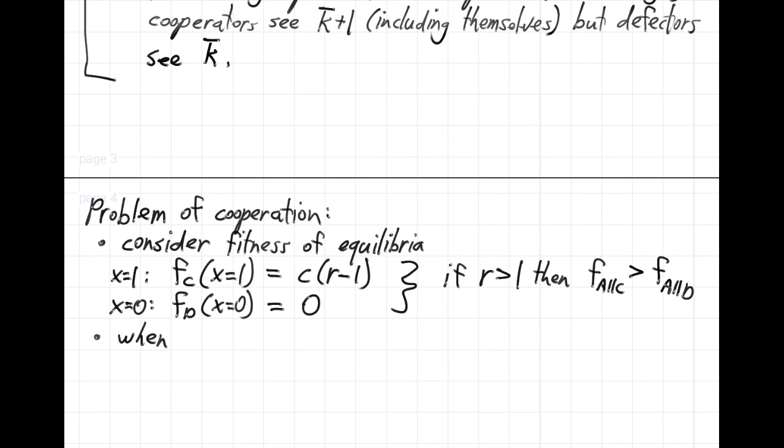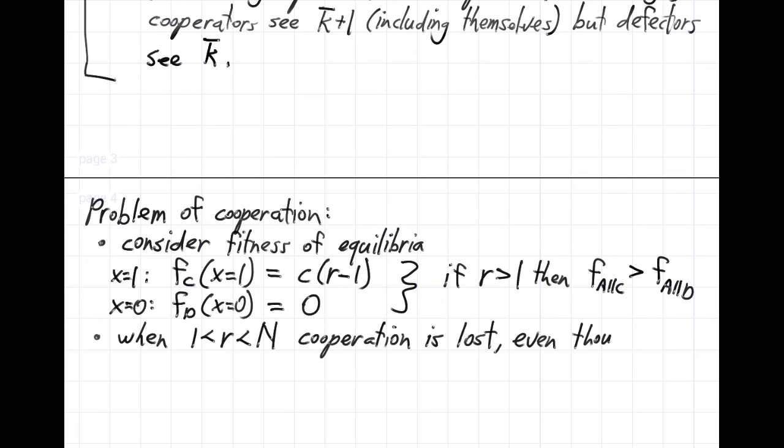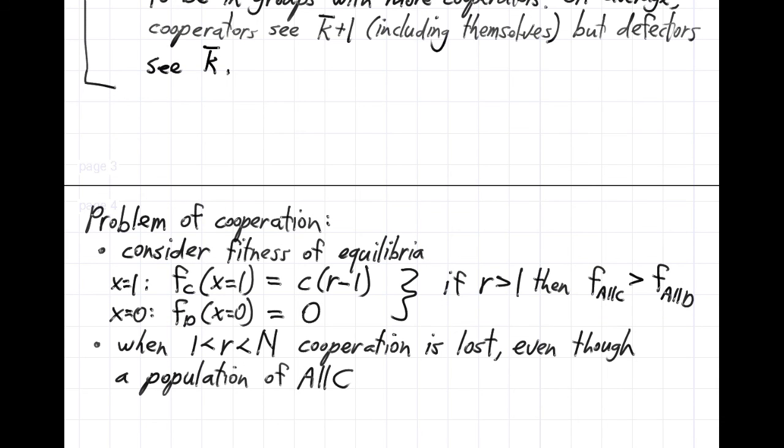When we're in the range of r being between 1 and n, cooperation is lost because x goes to 0, even though a population of all C has a higher fitness than all D. If we could create a utopian population of just cooperators, that population would have a really nice and high fitness. The problem is the presence of even one defector would break the system.